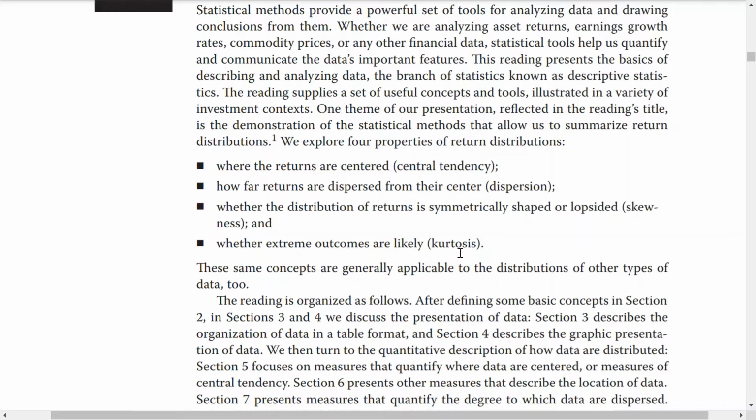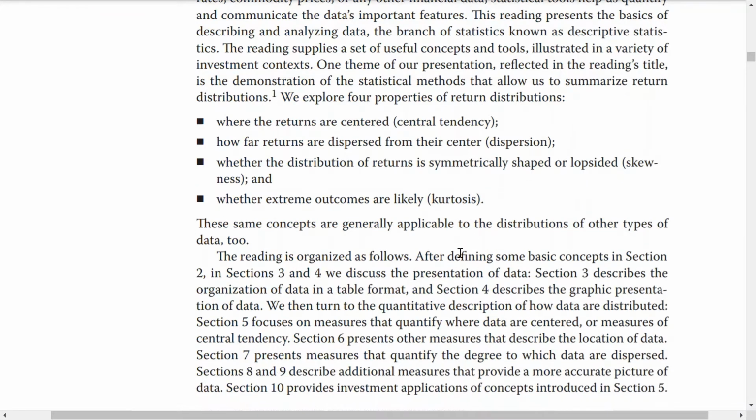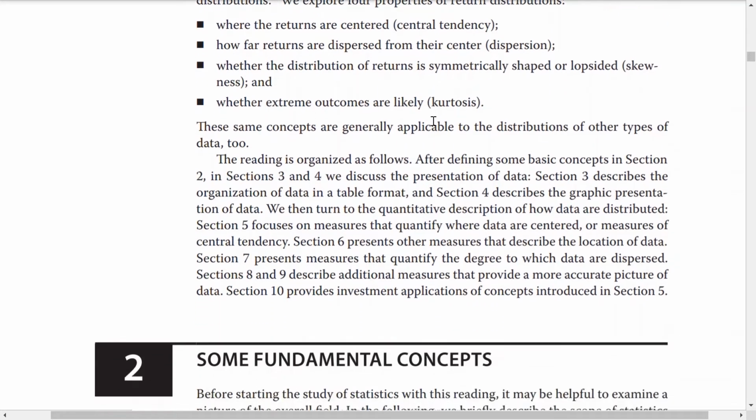The same concepts are generally applicable to the distribution of other types of data too. The reading is organized as follows. After defining some basic concepts in Section 2, in Sections 3 and 4 we discuss the presentation of data. Section 3 describes the organization of data in table format. Section 4 describes the graphic presentation of data. We then turn to the quantitative description of how data are distributed.